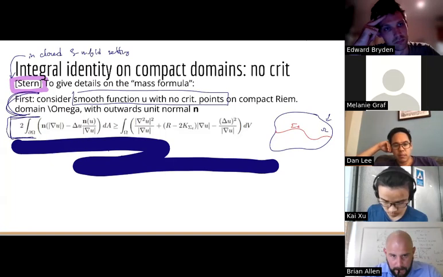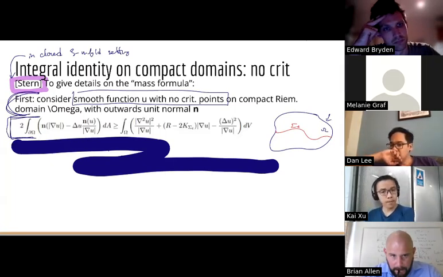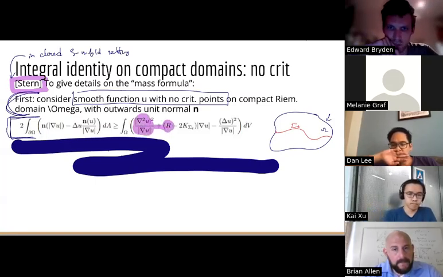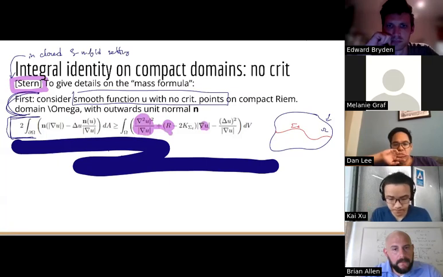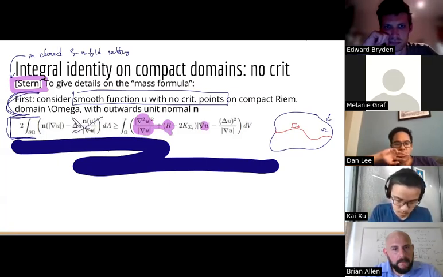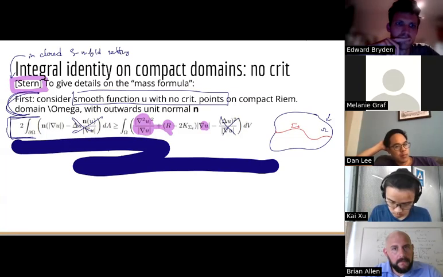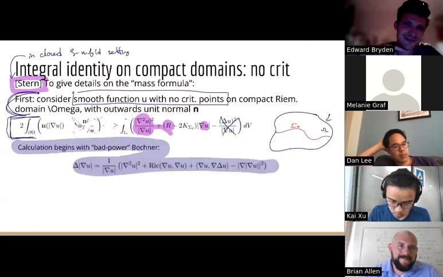This strange identity looks quite close to the mass formula. You see the Hessian term here, you have a scalar curvature times the gradient there, and then some extra stuff. Of course, if u is harmonic, then some of these terms go away, and you look pretty close to the formula I was just presenting for the mass. Sometimes we call this the master formula, from which you can compute many interesting things.